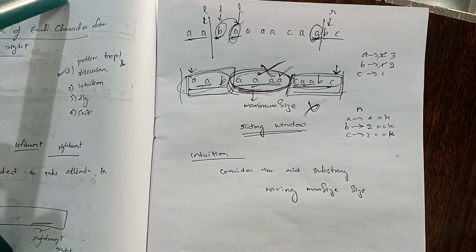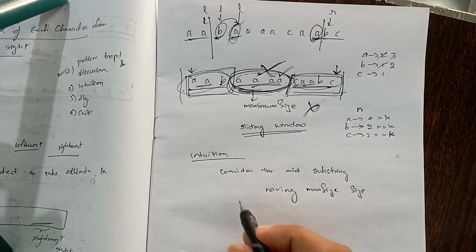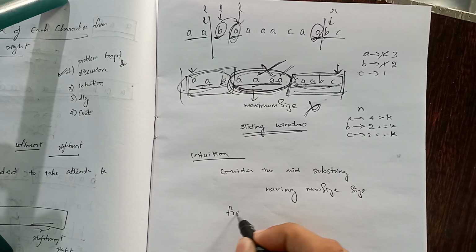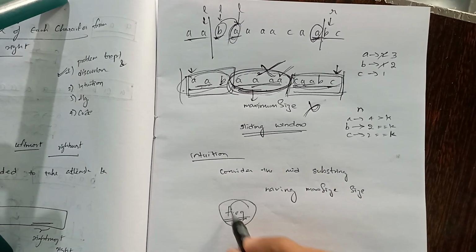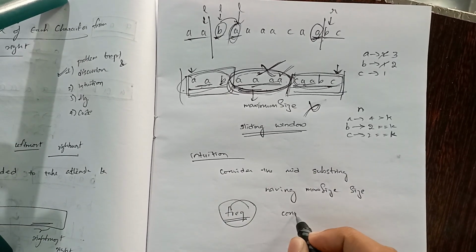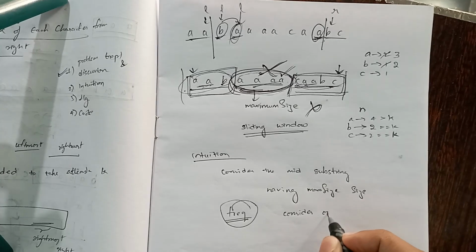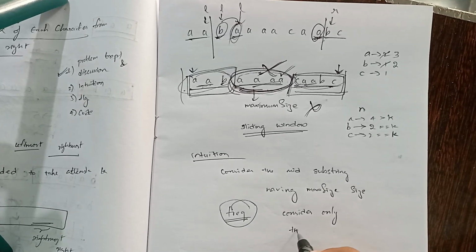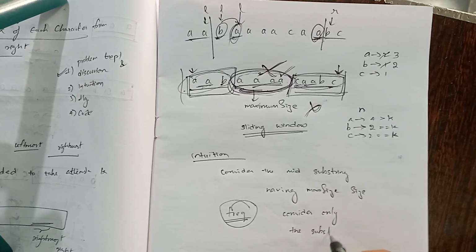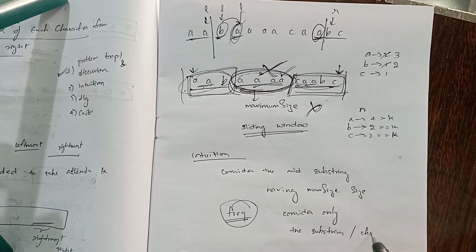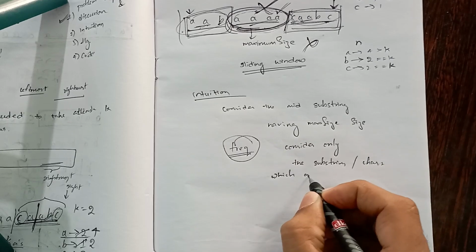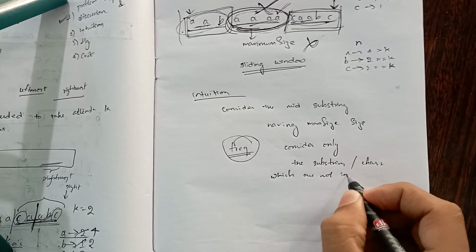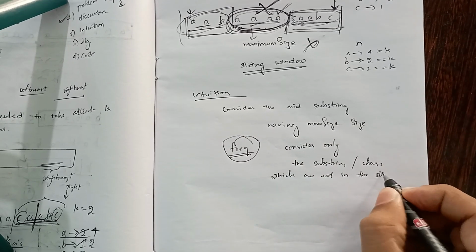How do we know it? That means if you have an unordered map frequency, and in this frequency we only consider the characters which are not in the sliding window.